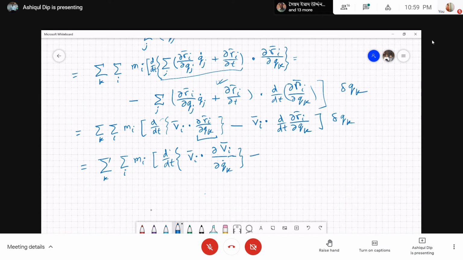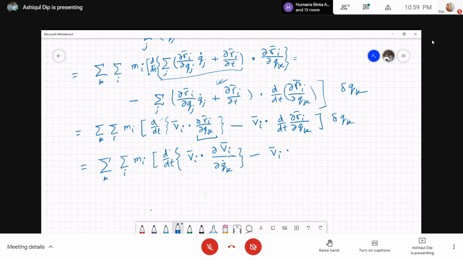And on the other side, we do the opposite: v_i dot, and expand this thing into partial derivatives, switch the partial derivatives, and then recollect them. Basically, the time derivative and the partial derivative with respect to q are switchable.